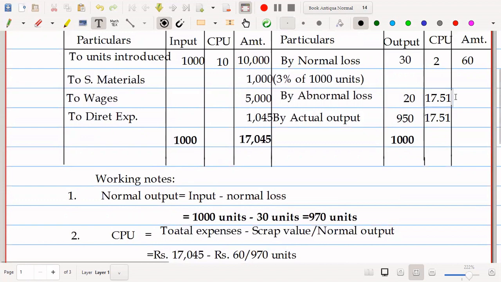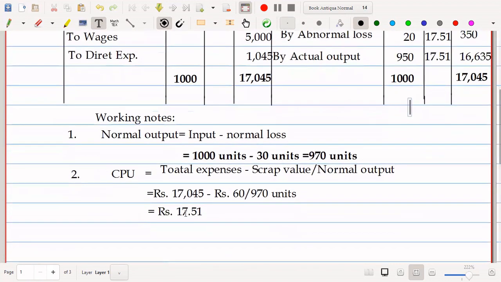When we multiply, it comes to 350 and this comes to 16,635. Let's total this together. It should become 17,045 rupees. So this is how we calculate the process account. Both the input and output units as well as the amount should tally at the end.